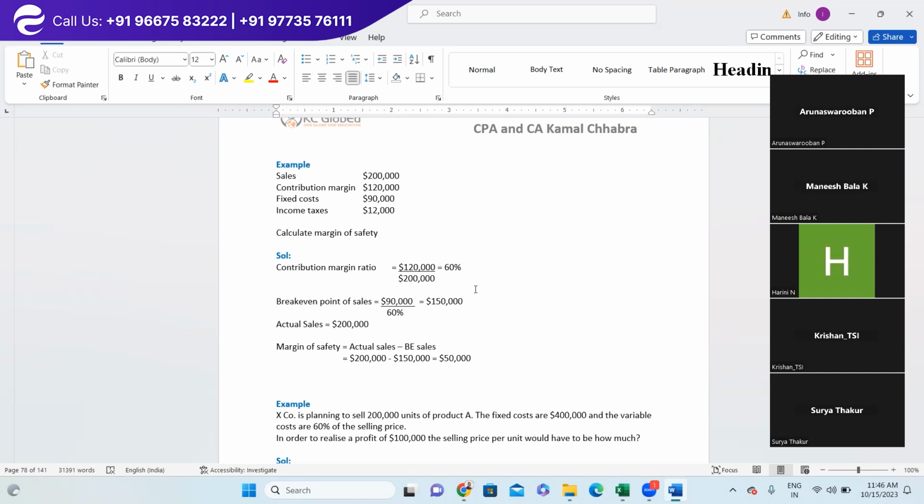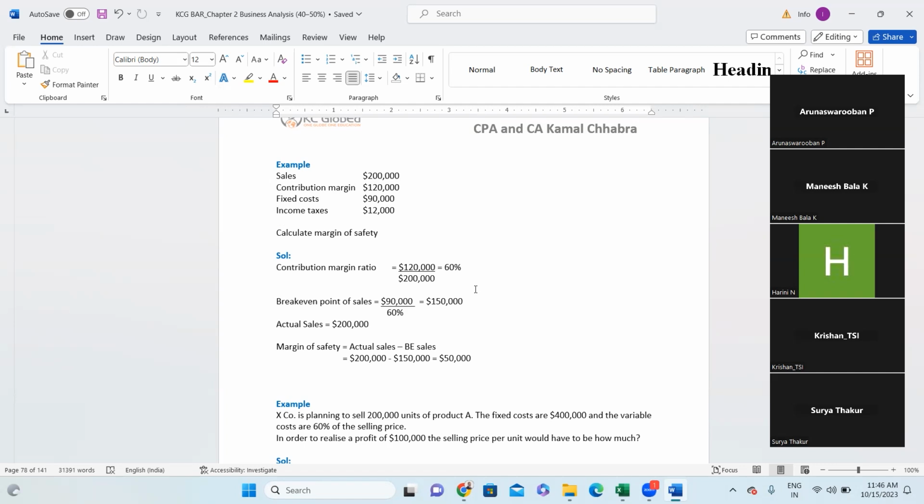What is contribution margin? Are you guys doing this? Yes, sir.